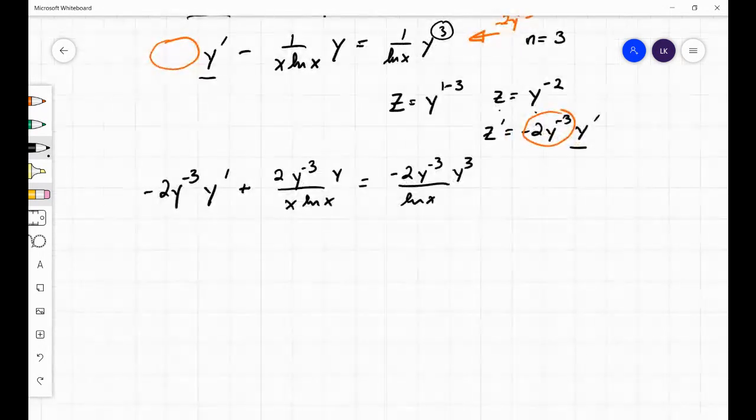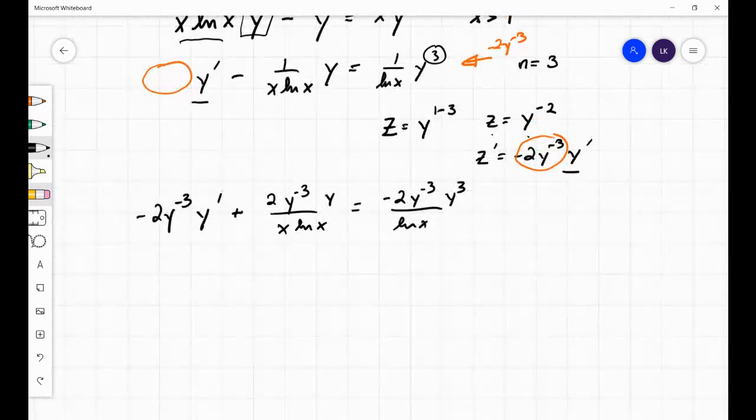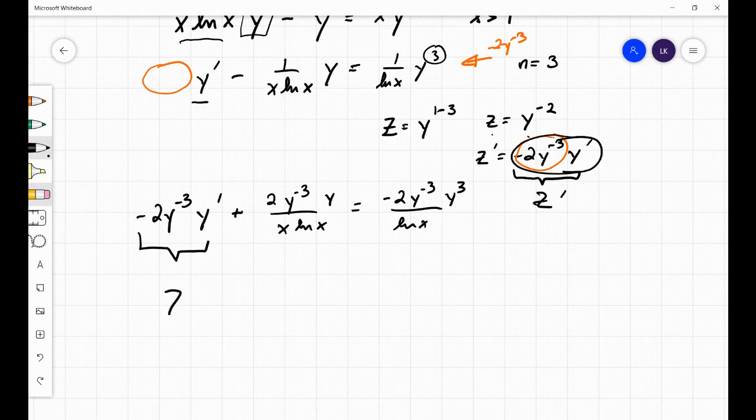And if we did things correctly, well, notice first of all that this is exactly z prime. Now y to the negative 3 times y is y to the negative 2, which is exactly z.